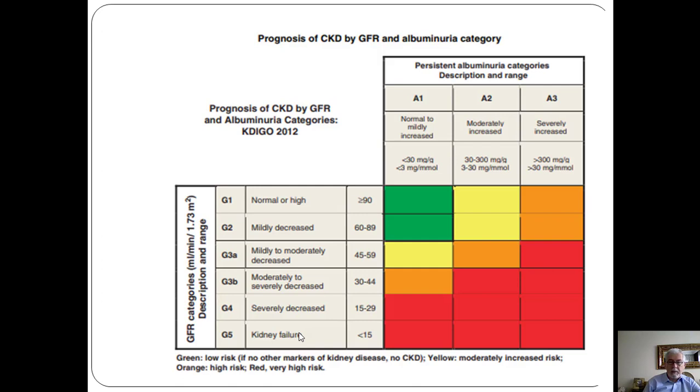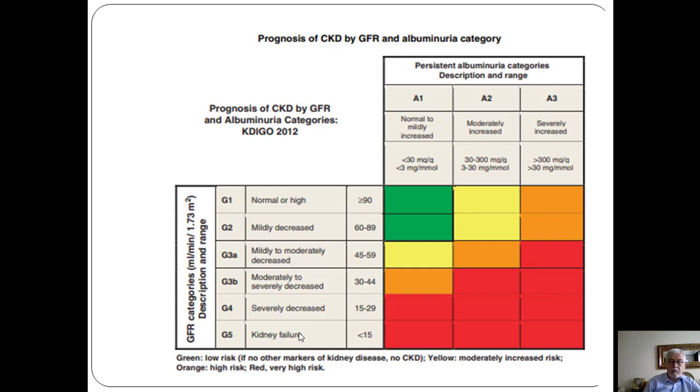When you look at a normal glomerular filtration rate, as I told you, it is approximately 100, and in this case we accept protein in urine lower than 20 milligram per day.